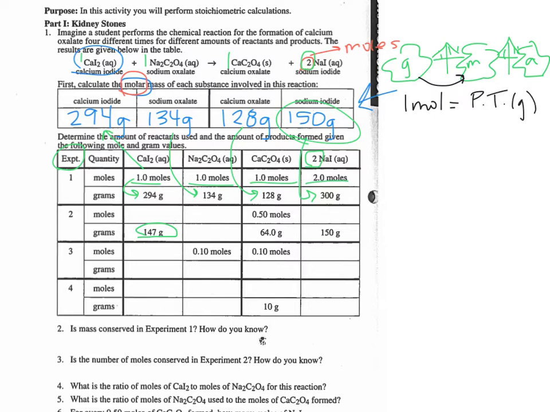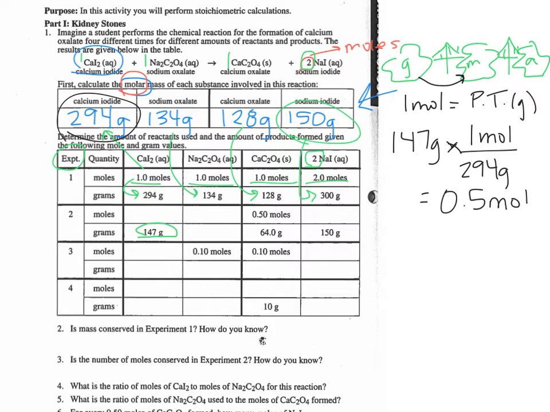So to find our missing moles, we're going to take 147 grams, and we're going to go 1 mole of that is equal to 294 grams. Remember, we got that from up here. So 147 divided by 294 is a half a mole.